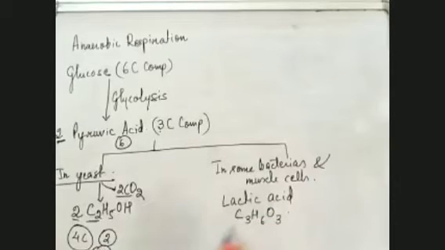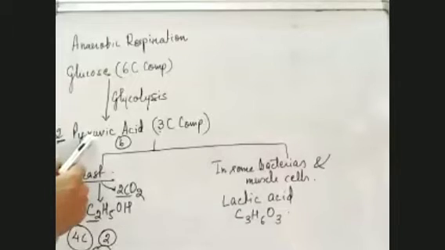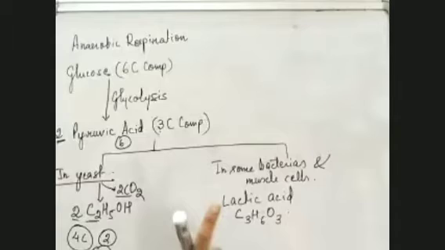I told you this formula yesterday also. But if you see, one molecule of lactic acid has 3 carbons. So how many lactic acids will be formed? Two molecules of pyruvic acid have 6 carbons, and if only one lactic acid is formed, it will adjust only 3 carbons. So 2 lactic acid molecules are formed here.